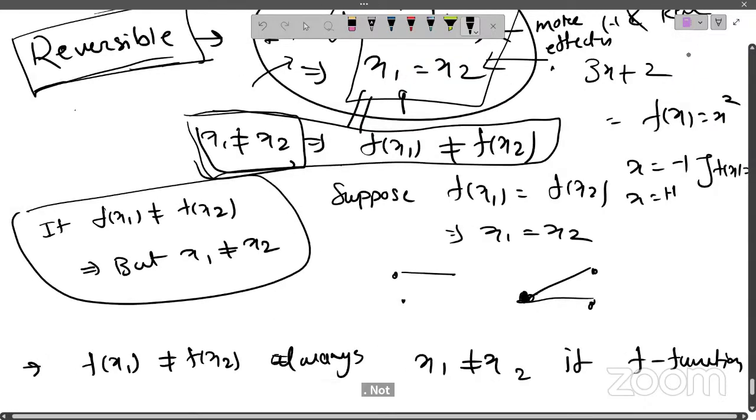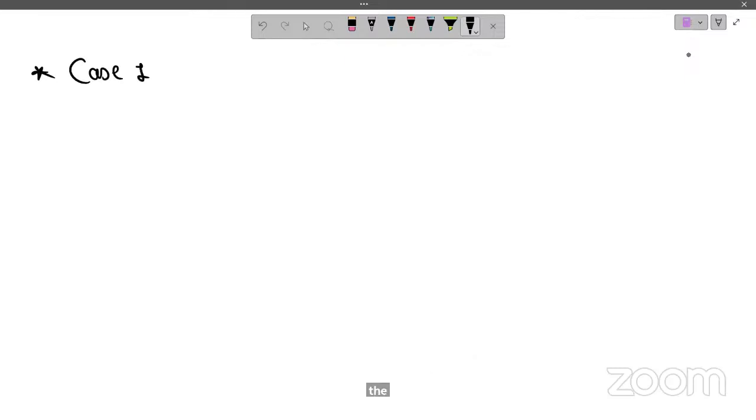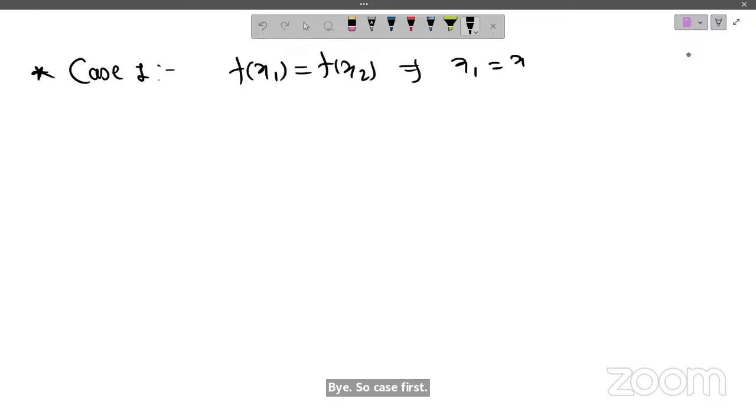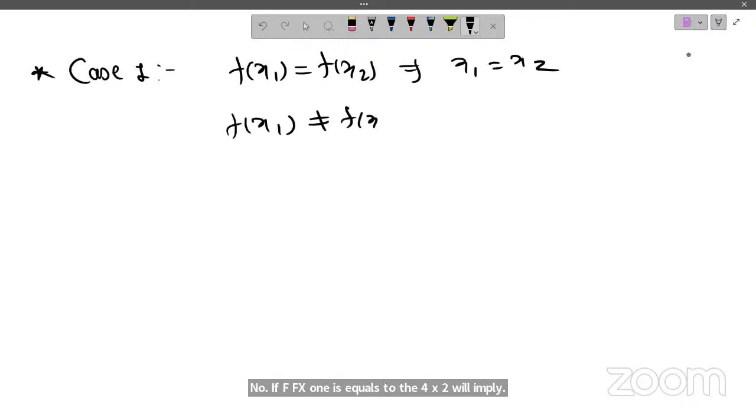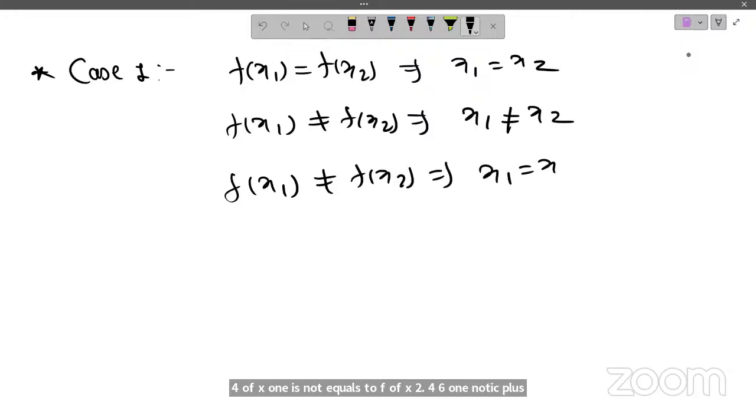Okay, let me get back to you. Three statements. So on to the question then. First: f of x1 is equal to f of x2 will imply x1 is equal to x2. Second: f of x1 is not equal to f of x2 will imply x1 is not equal to x2. Third: f of x1 not equal to f of x2 will imply x1 is equal to x2.